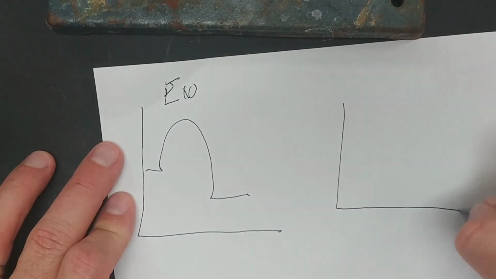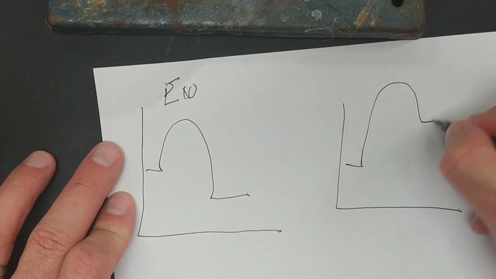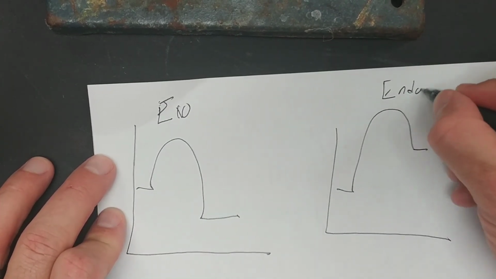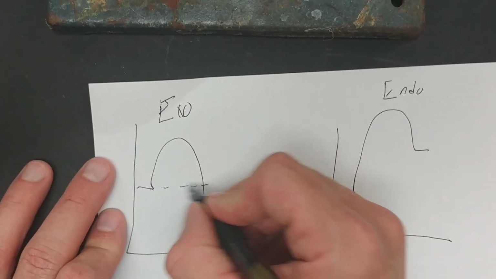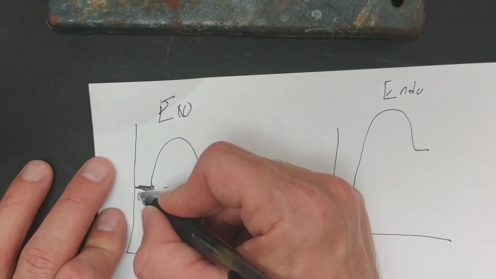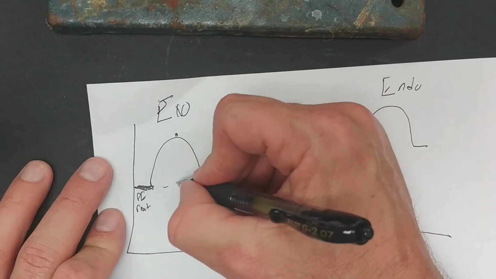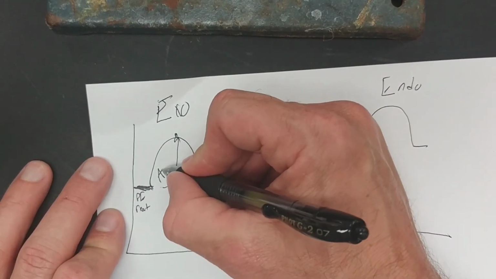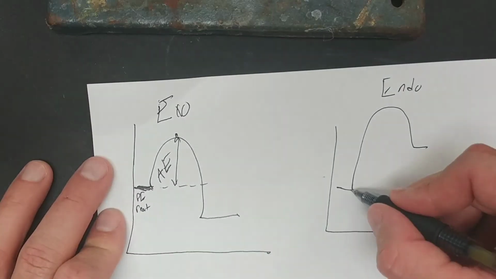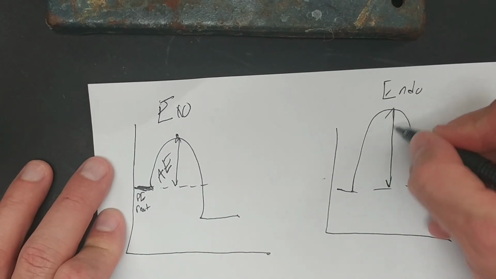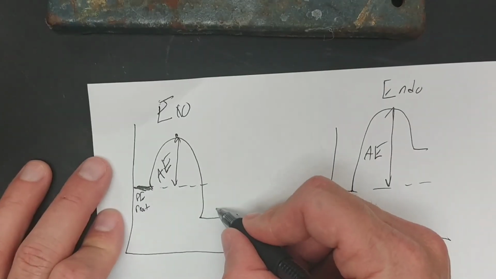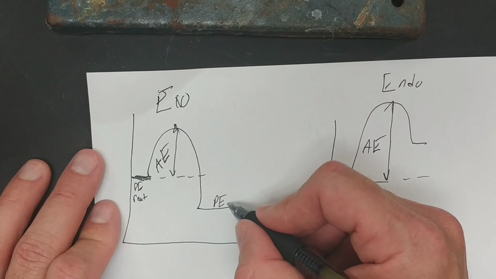Exo, endo. For both, going from the potential energy of the reactants to the top is the activation energy. This is the potential energy of the products.